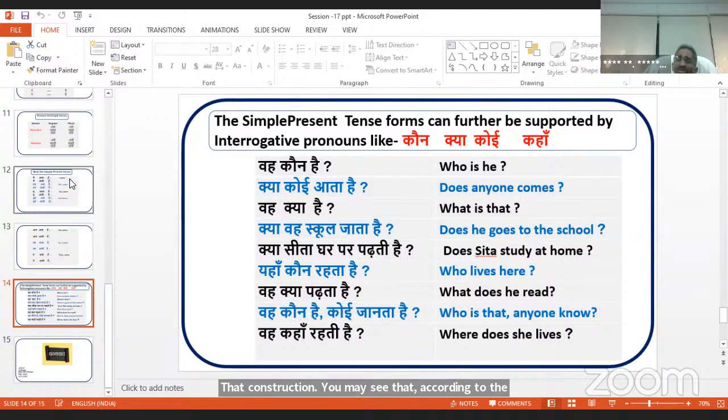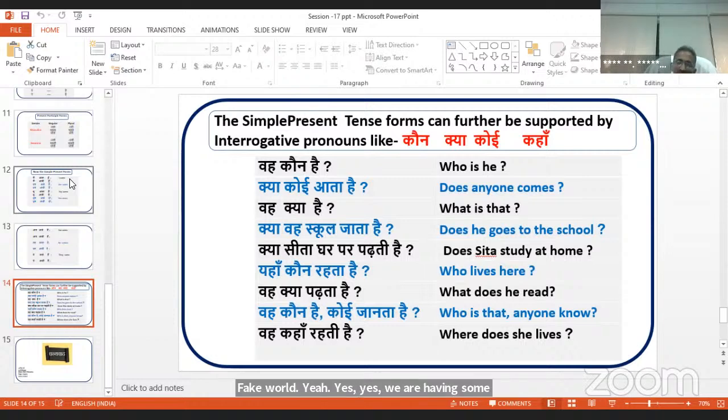Now, along with the simple present tense, it can further be supported by some of the interrogative pronouns. We have seen a lot of pronouns: मैं, हम, तू, तुम, आप, वे, वो, ये. Just like that, we are having some interrogative pronouns also, some question words.